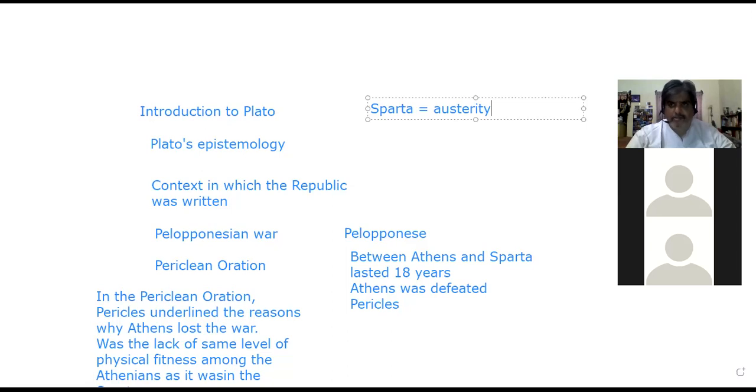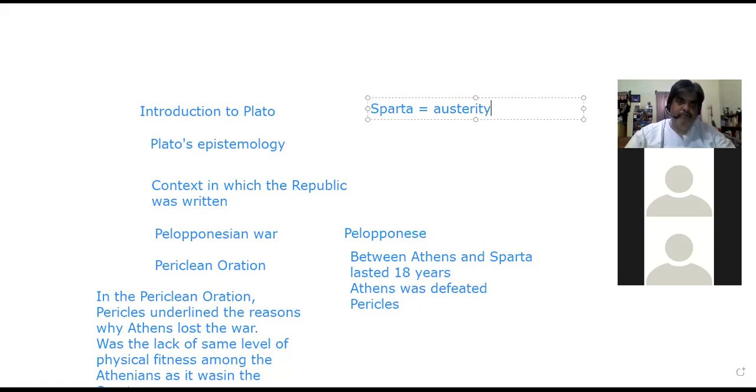He also talked about several other reasons, several other lacunae within Athenian society. And he also talked about the non-existence of a proper system of governance.